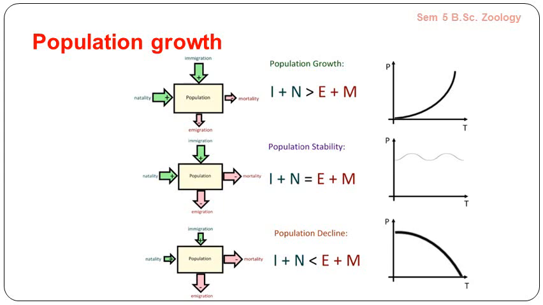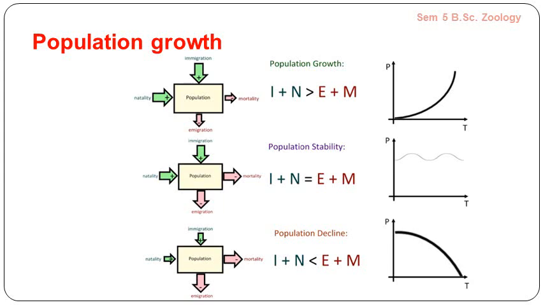Why so? Because whatever number is added to the population by natality and immigration, almost the same number will be reduced by mortality and emigration. So there will be an increase and the same amount is decreased along the negative way. That gives a wavy graph. It's not a straight line graph, it is a wavy graph. But when it is taken along a longer period of time, on average, the population is almost at the same size. So it is known as population stability.